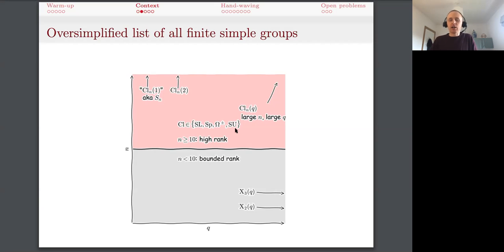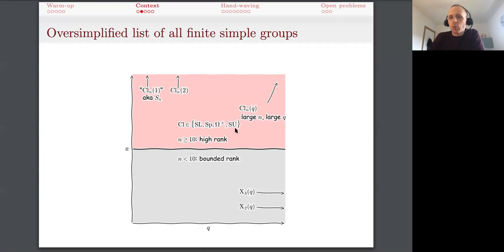And really, when I say the orthogonal group, I have to take the derived subgroup of the orthogonal group. And in each of these cases, I need to quotient by the center. Okay, so that's a more honest picture. But as I said, it will not hurt your understanding of this talk if you only think of SL_n(q).